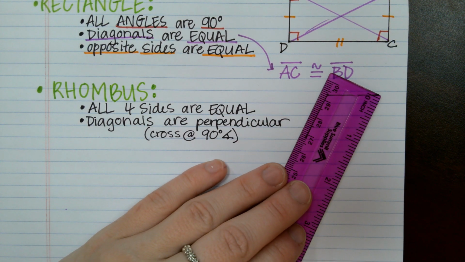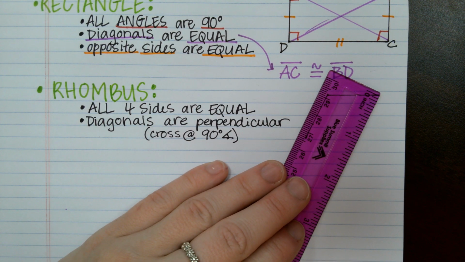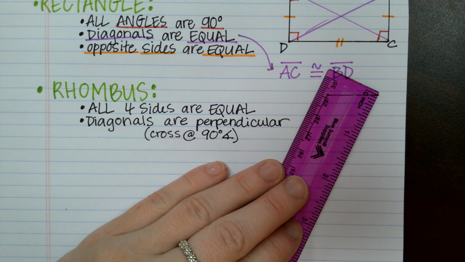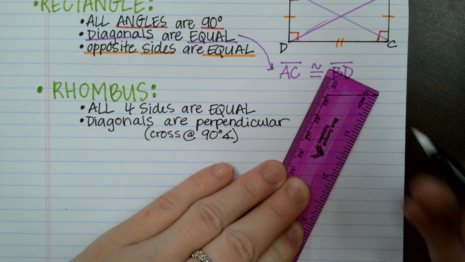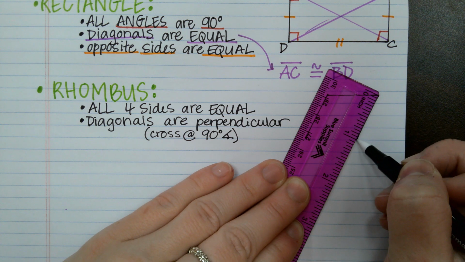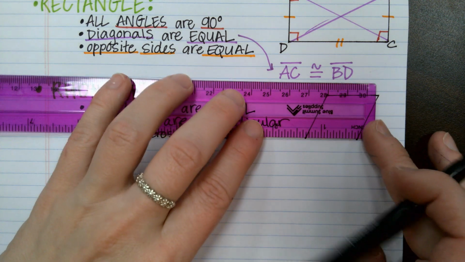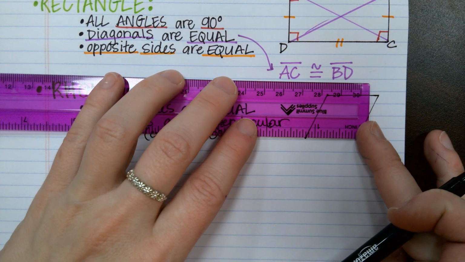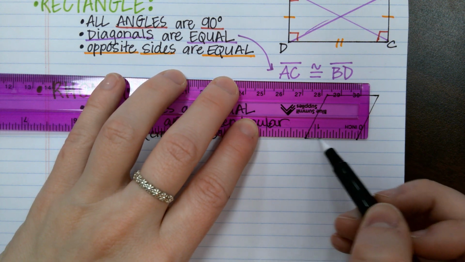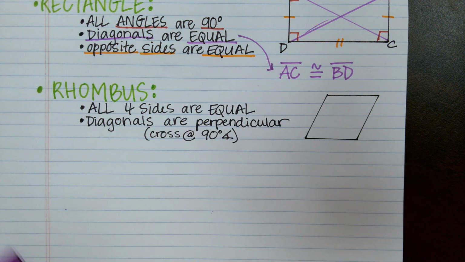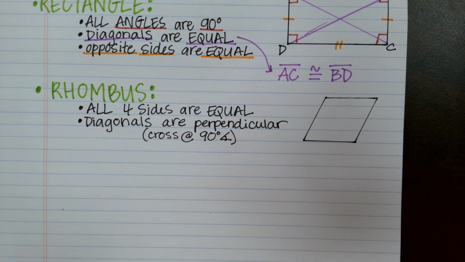Other line, pretty close angle. Same length. And here's my rhombus. I'll give you guys a minute to copy that. Not perfect, but it will work.